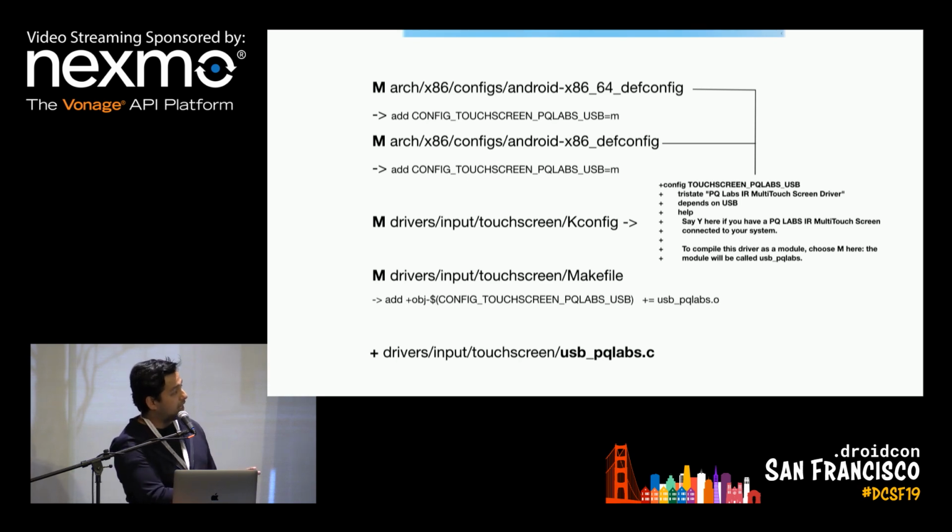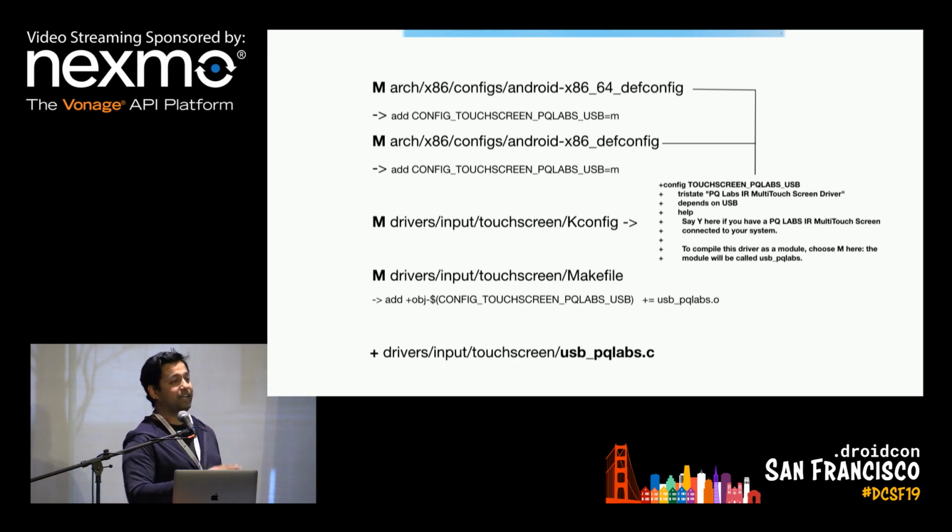And then in the Kconfig of that input subsystem, so if you're adding a device driver for touchscreen, or for sound, correspondingly there's going to be a Kconfig file for each of those subsystems. In that Kconfig, you add the block that represents the new device driver. In this case, our driver was supposed to be a tri-state device driver.